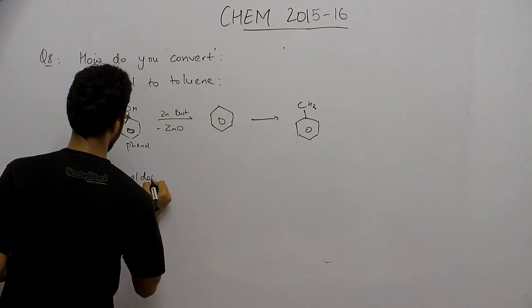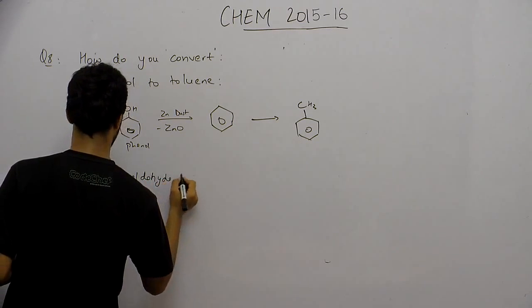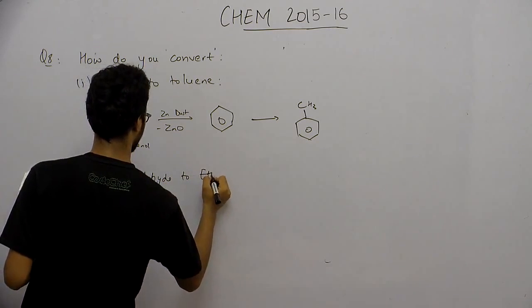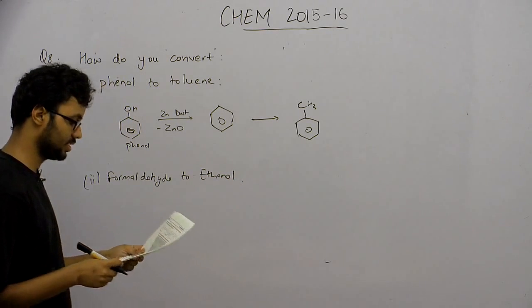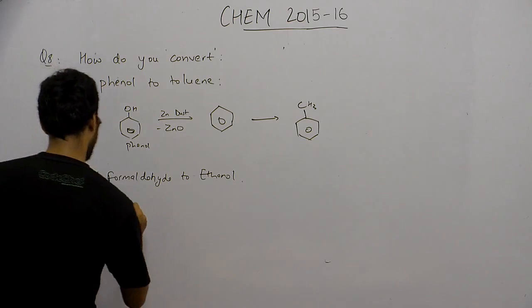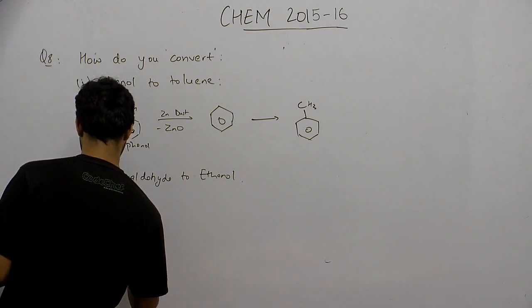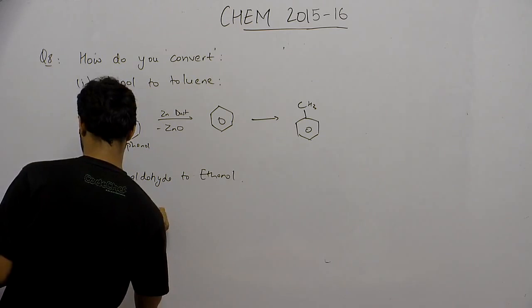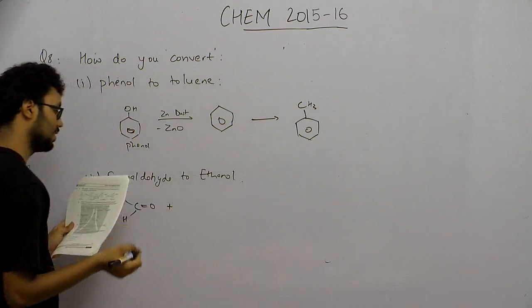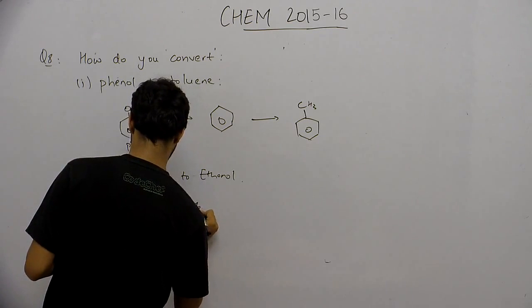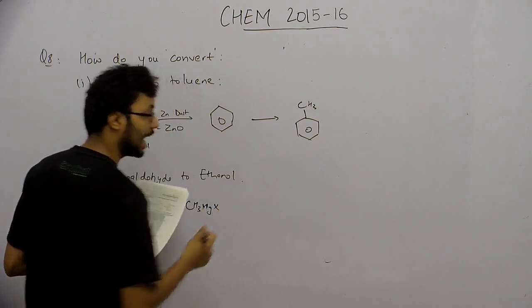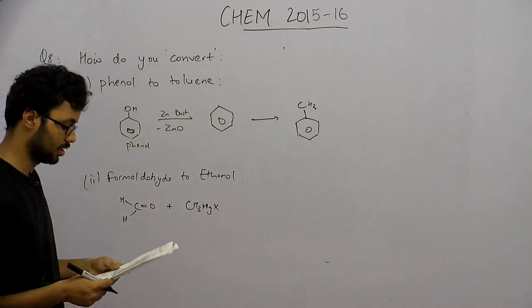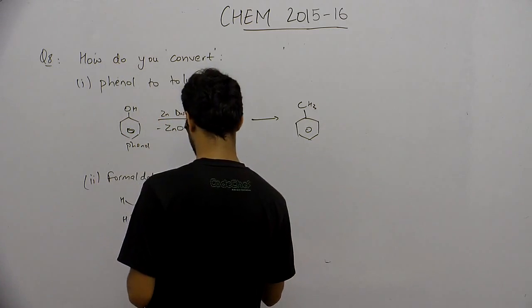The second conversion, formaldehyde to ethanol. So we take formaldehyde and treat it with methyl magnesium halide.